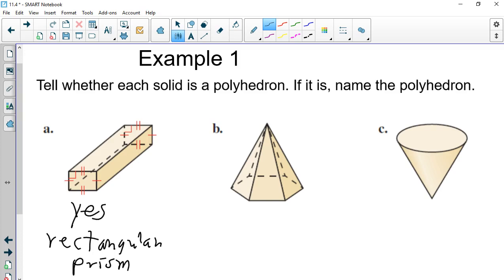B. On the bottom, the base is a 1, 2, 3, 4, 5, 6, it's a hexagon. And the sides are all triangles. Since all those shapes are polygons, the answer is yes. And it is called a hexagonal pyramid.